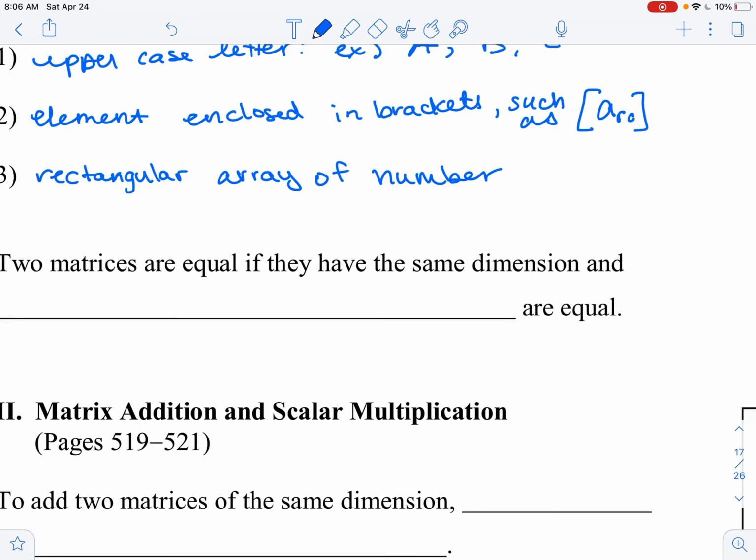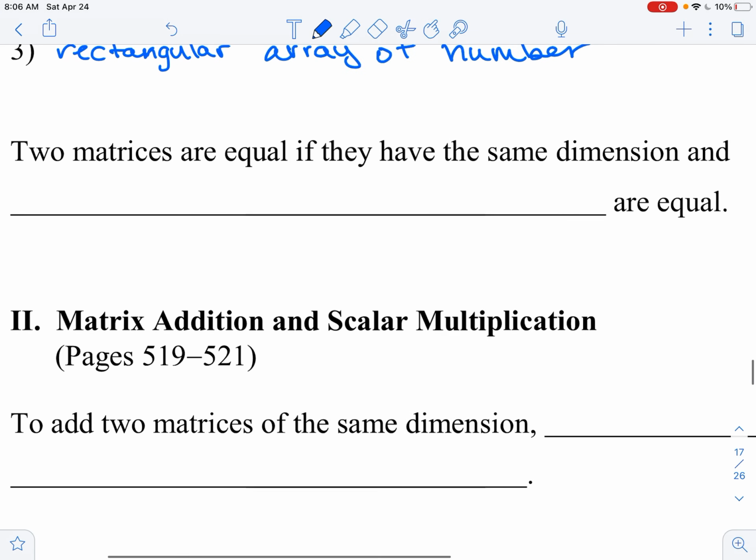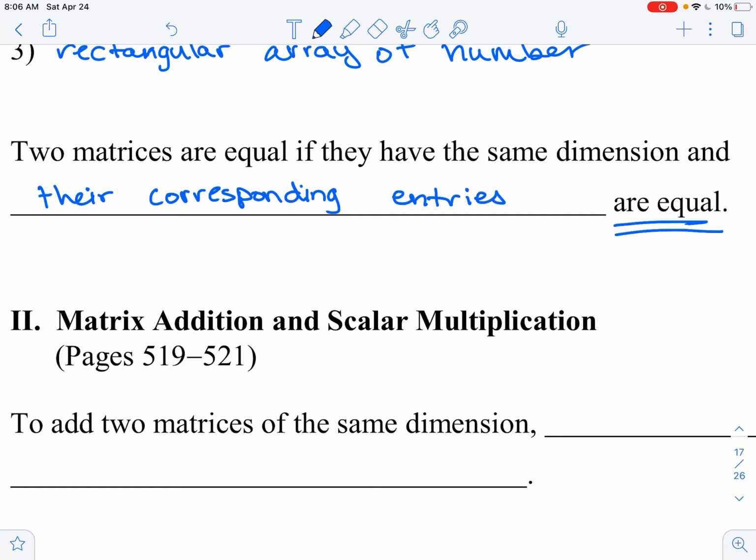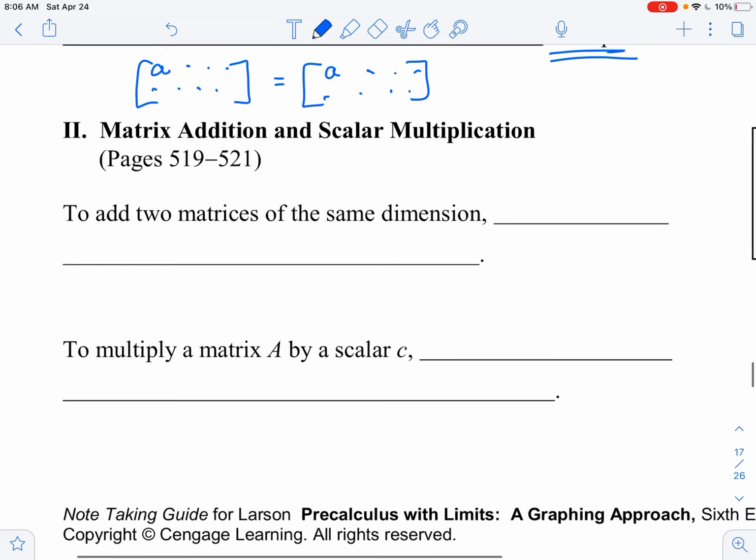And then 2 matrices are equal if they have the same dimension and their corresponding entries are equal. So for example, if you've got these matrices and they're equal to each other, this value here will equal this value, and so on, right? So corresponding matrices are equal like that.